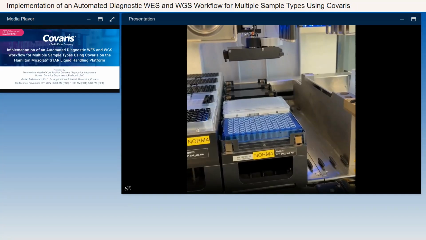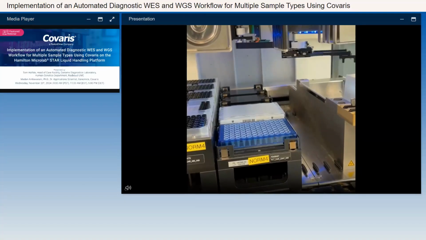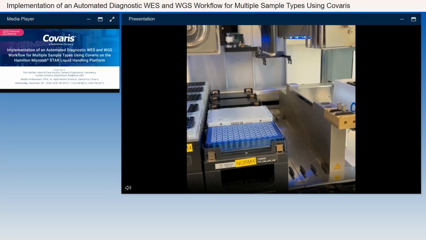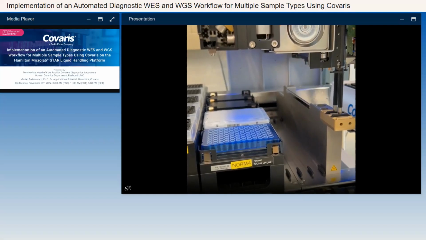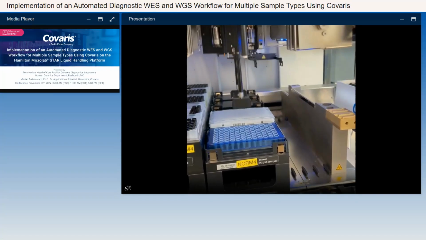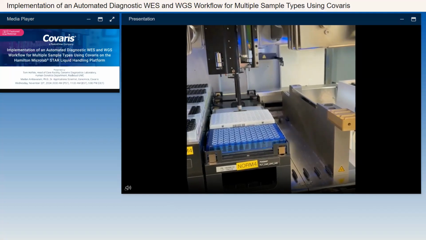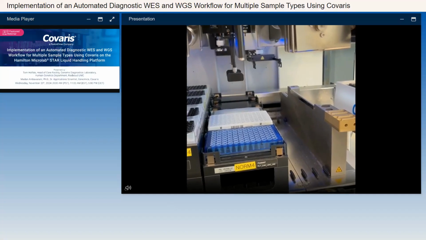Now the plate is back in the instrument and it's lidded with a lid, and the liquid handler can take off the lid and transfer the samples to the blue plate. So, we are able to process 1 up to 96 samples on this plate.